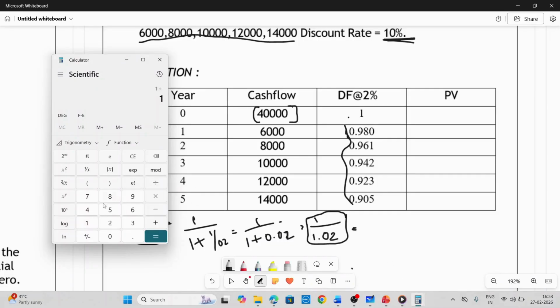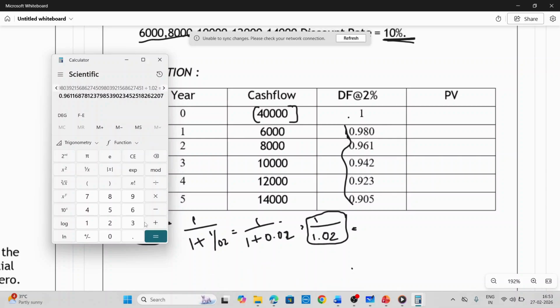1 divided by 1.02 is nothing but 0.980. You press equals, you will get 0.961. Again press equals, 0.942, press equals, 0.923, press equals, 0.905.